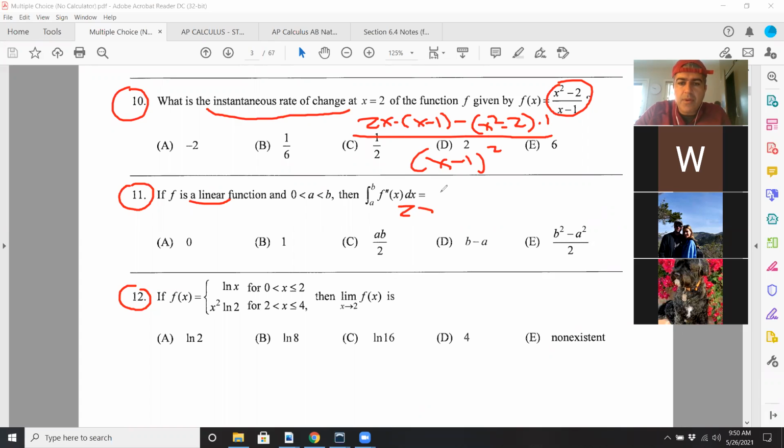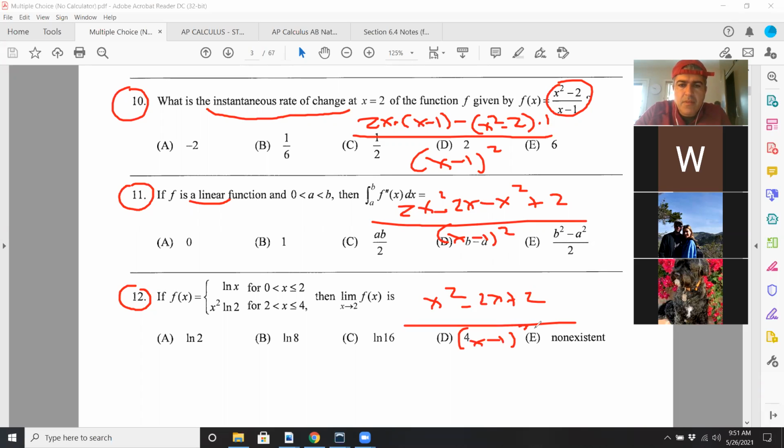So you get 2x squared minus 2x, oops, there's a times there, sorry. 2x squared minus 2x, and minus x squared plus 2, yeah, plus 2. So you have x squared up top, minus 2x plus 2. And if you were to plug in 2, you get 4 minus 4 plus 2 up top. Down below, you have 1, 2. So the answer is D.